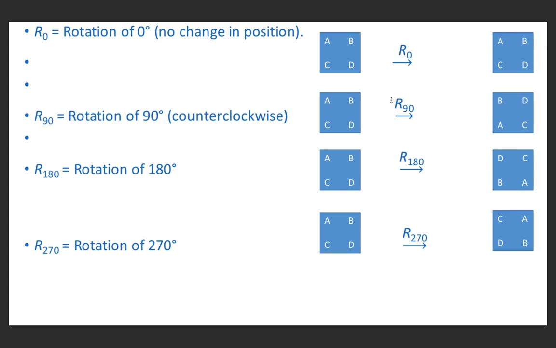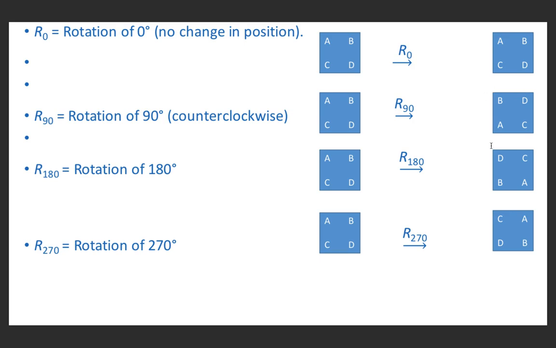But we have seen that when we rotate by 90 degrees, the positions of these corners are changed and the resulting position is this, which we discussed in the previous slide. So this is the corner B, this is the corner D, and this is the corner A, this is the corner C of the original square. Although the shape of both squares is the same.